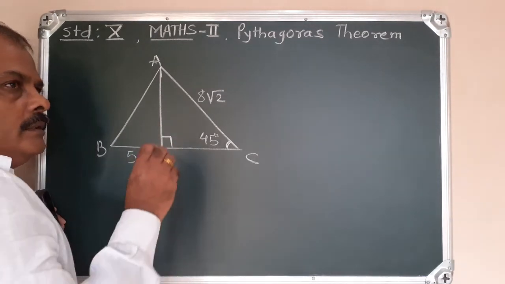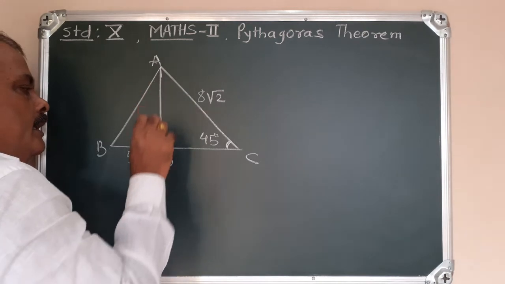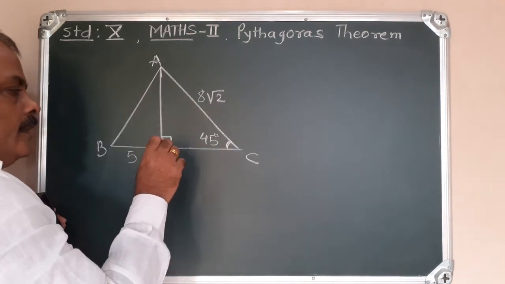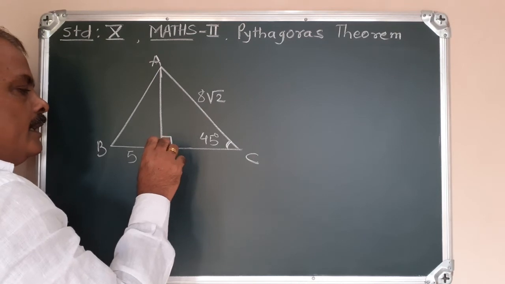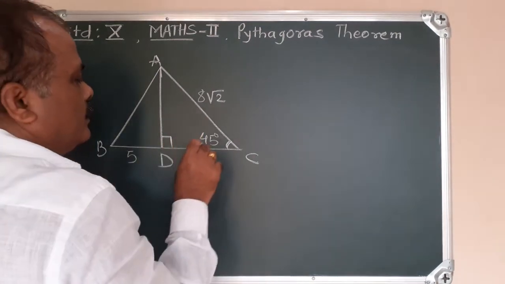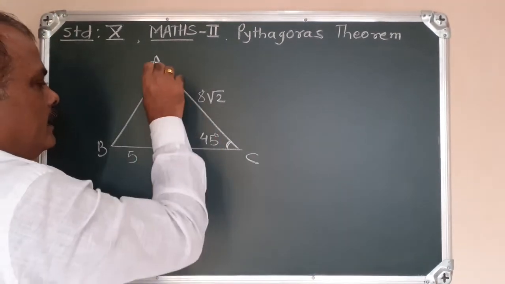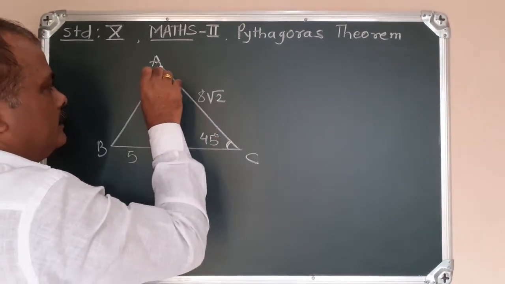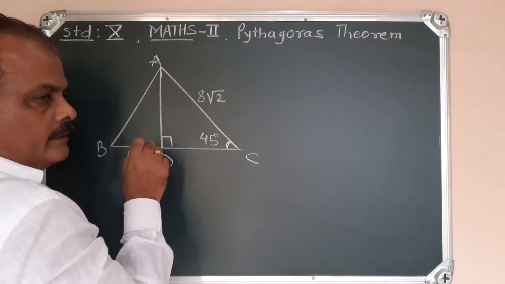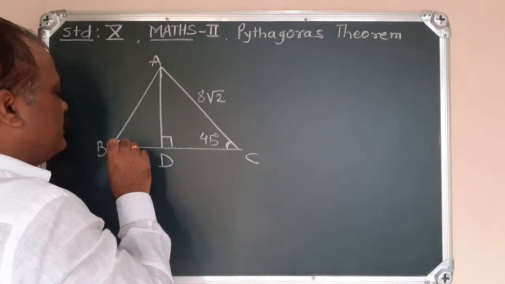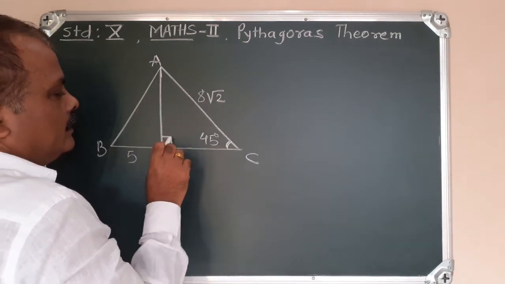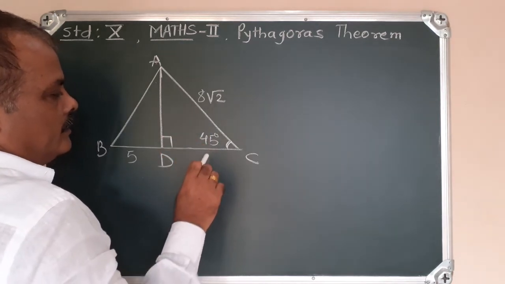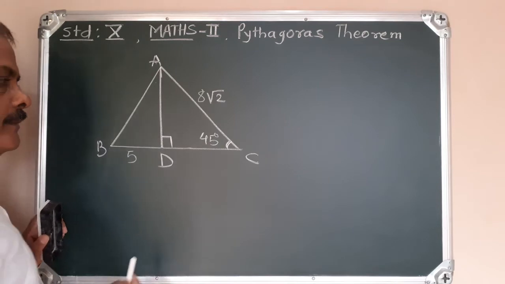Now this triangle ADC is a right angle triangle because measure of this angle is 90 degree. Therefore this triangle ADC is a right angle triangle and this is also right angle triangle, but we don't know measure of this angle or this angle. In this triangle we know the measure of this angle, that is 45 degree.